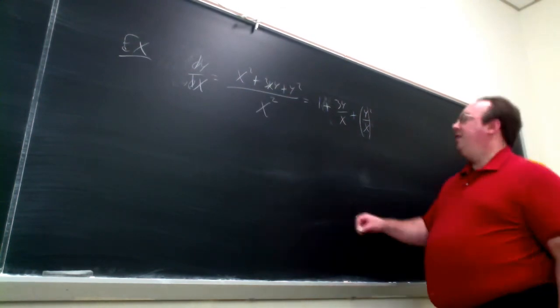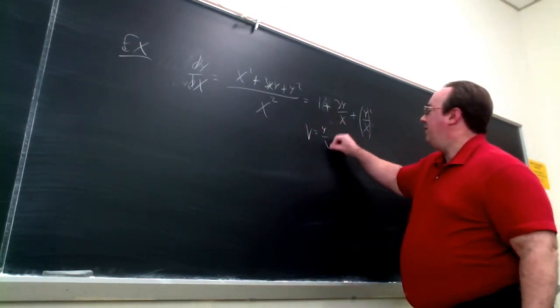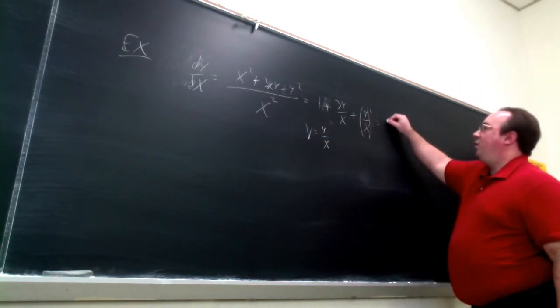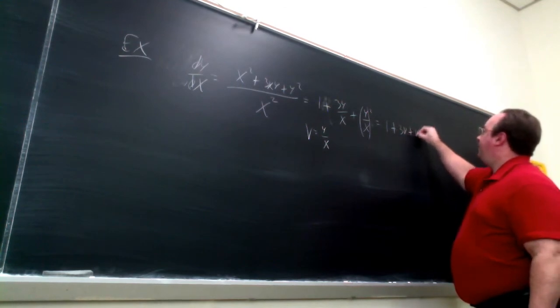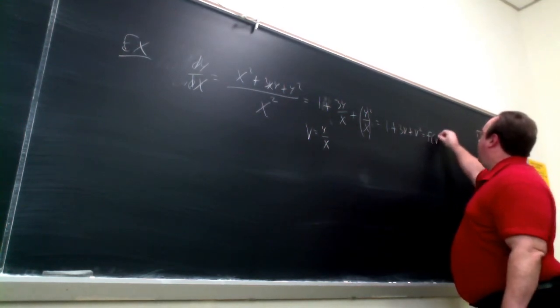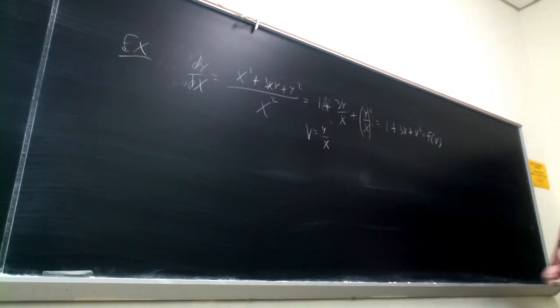Okay, so now with v equal to y over x, you have 1 plus, I can express this in terms of v now, 3v plus v squared. So this is your f of v. So that's what's happening on the right side of your equation.